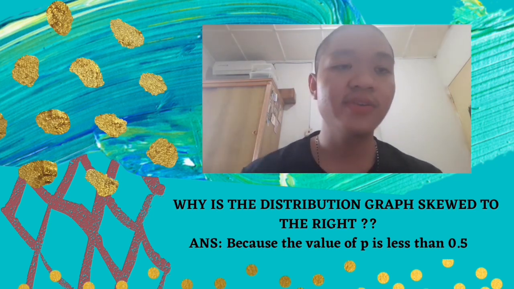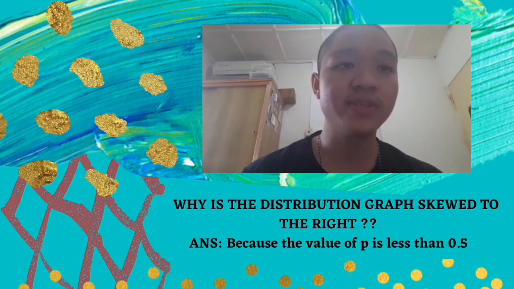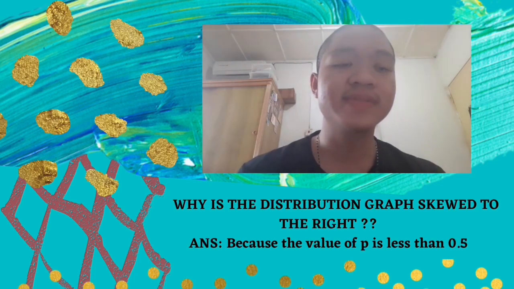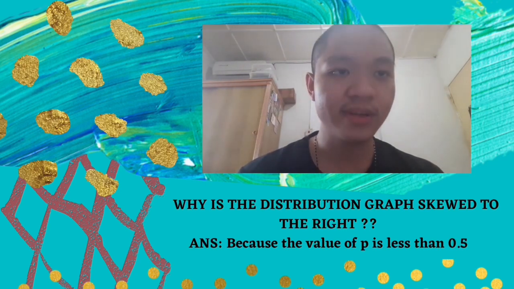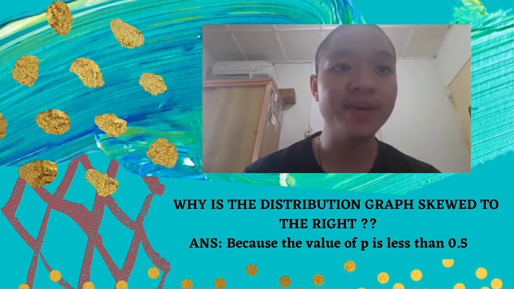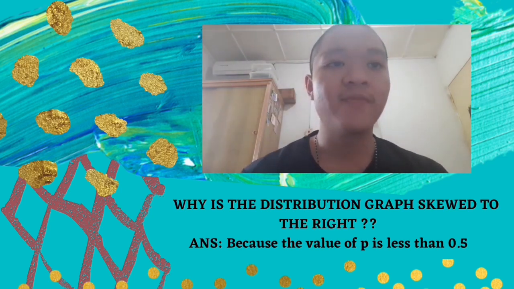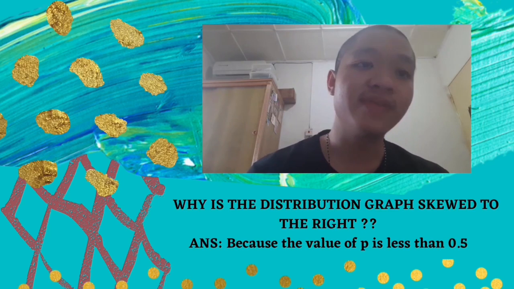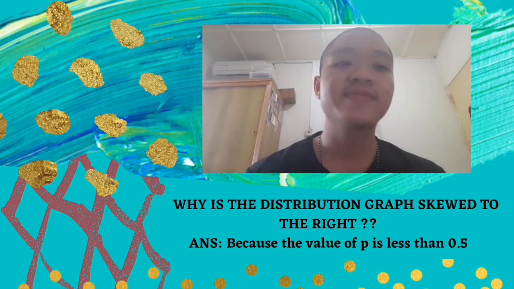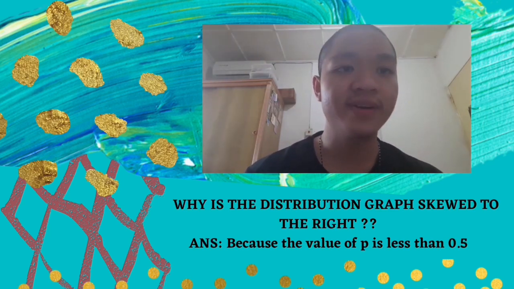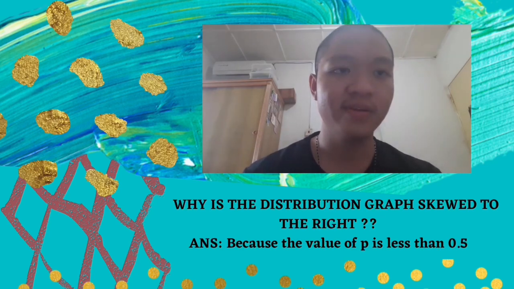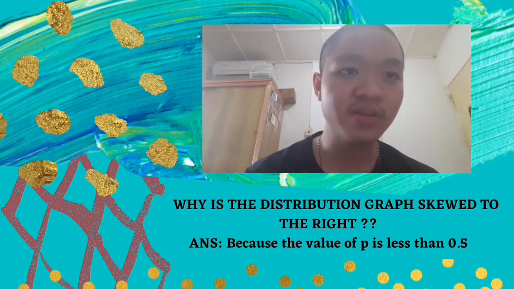If the value of P is equal to 0.5, that will give us a more symmetric graph. That means the highest point will be at the middle. And if the value of P is more than 0.5, that will give the distribution of the graph skewed to the left, which will be the opposite of our graph.